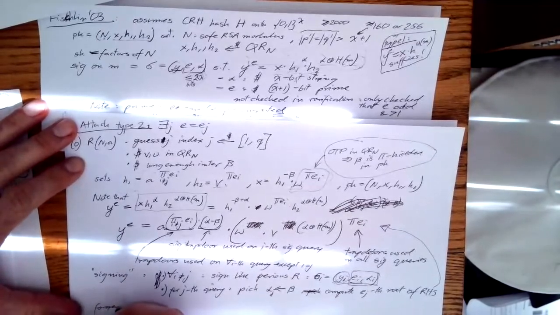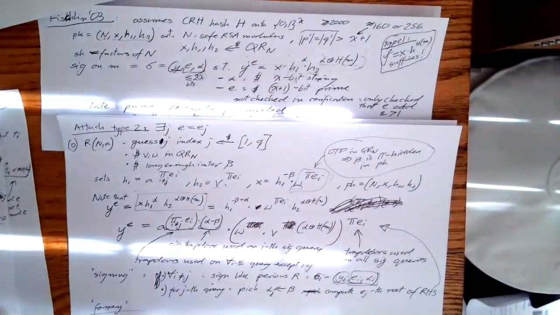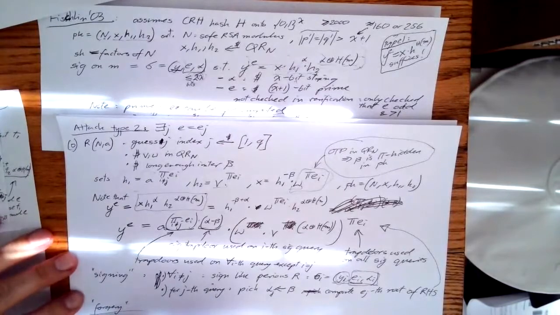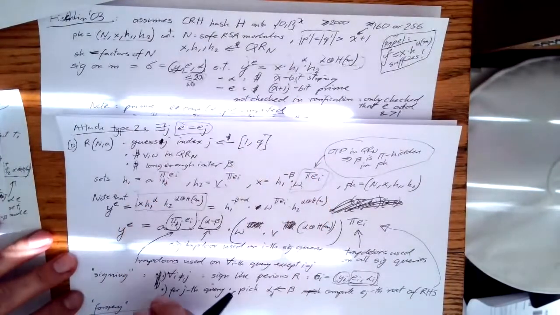So, the forgery. I think the forgery is very similar. By now, I basically don't remember anymore, but I have the notes for it. It's a similar thing, because we are assuming that E is equal to EJ.